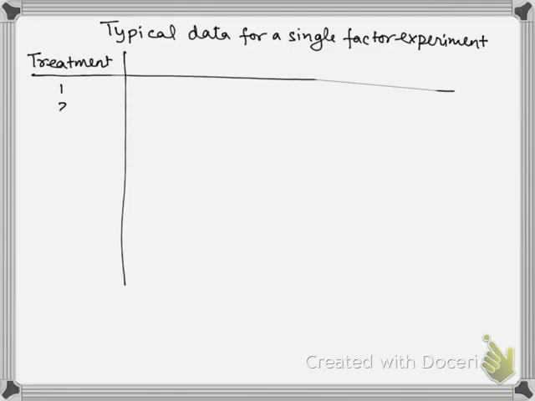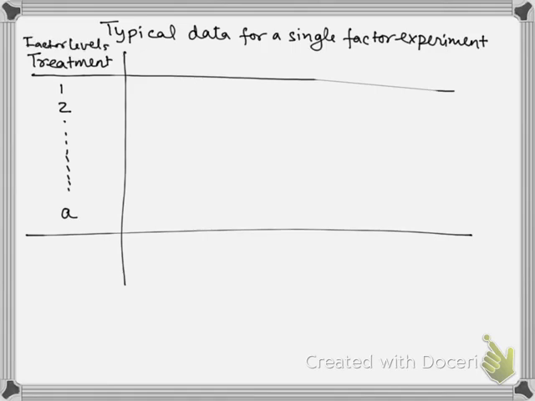So you have 1, 2, ..., A treatments, A levels of the factor. And then for each factor level you have n observations. We'll do it for the same sample size, but this n could vary also. Ideally you don't want it to be different for different samples.